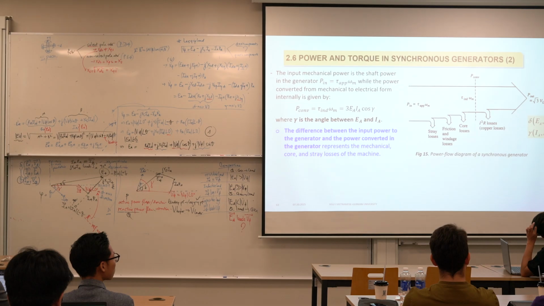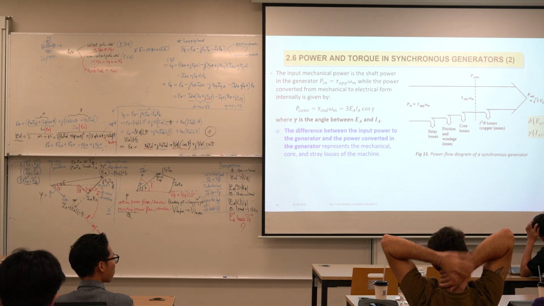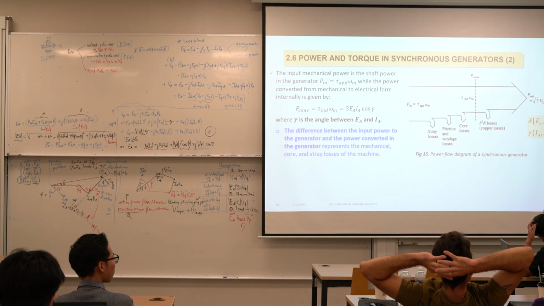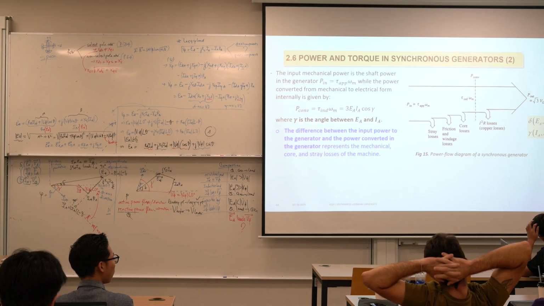Sometimes the core losses include delta P CuF, or sometimes delta P CuF will be here. It depends. So here is delta P Cu S, where S means stator. Or sometimes we say delta P SCL, stator copper losses, and here delta P RCL, rotor copper losses.